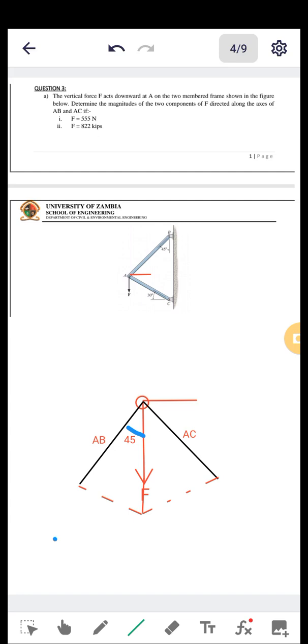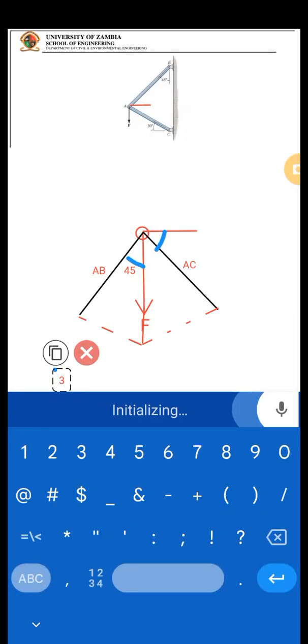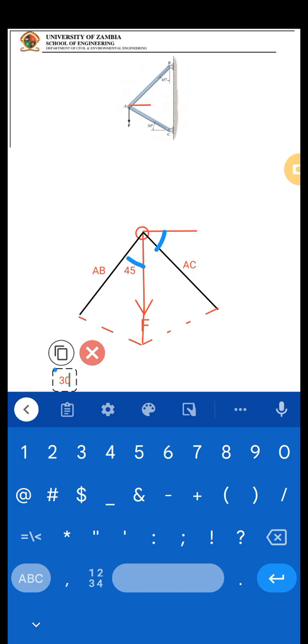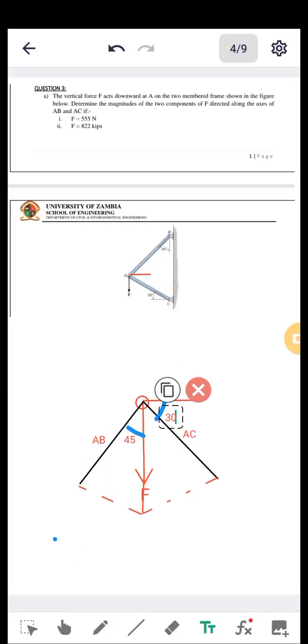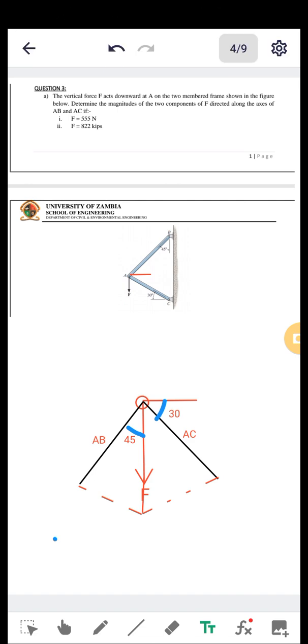Okay, I put the force there. See, that force is the same. So this angle is angle 30.